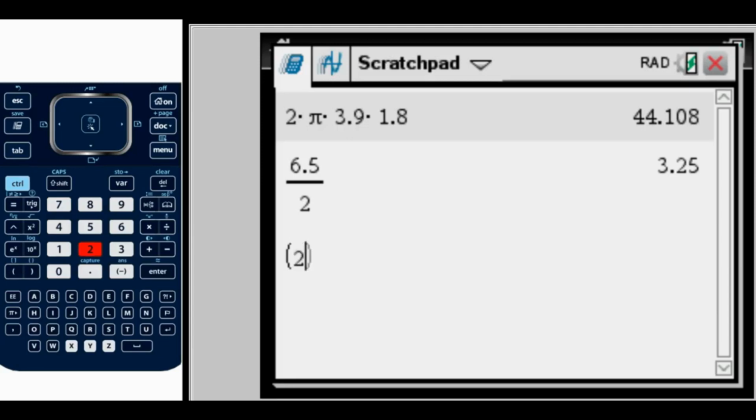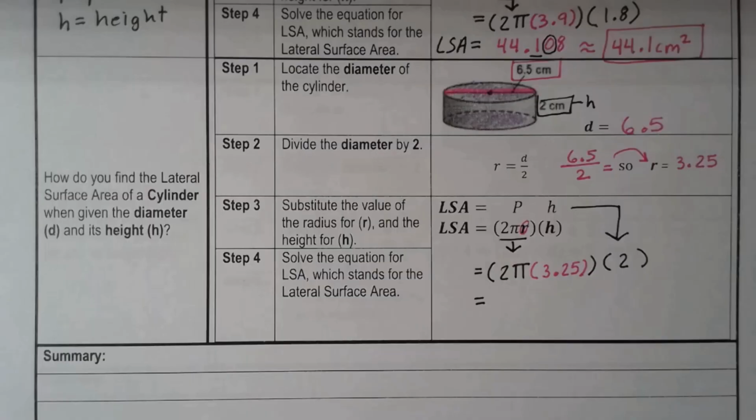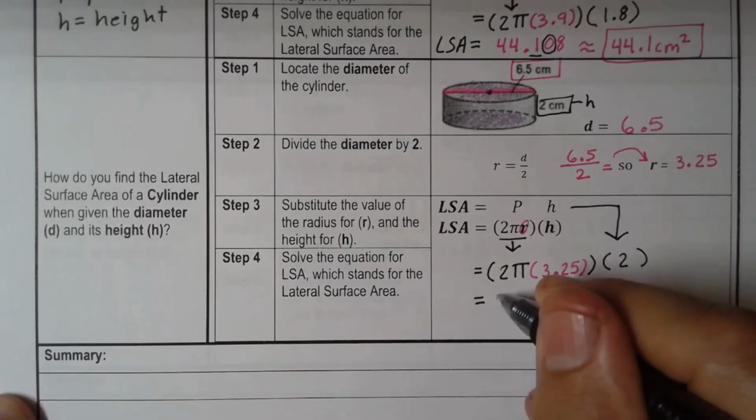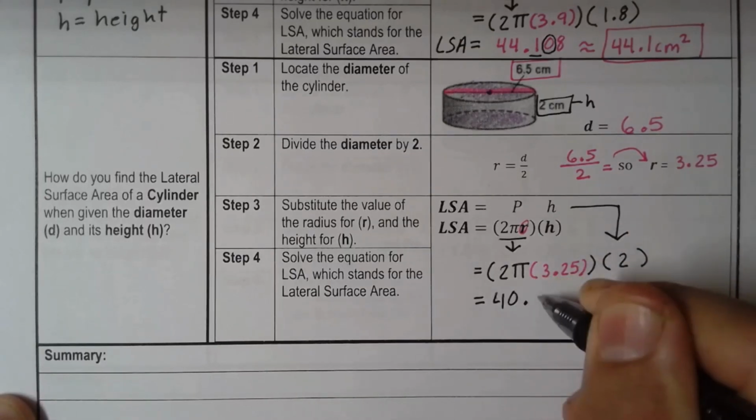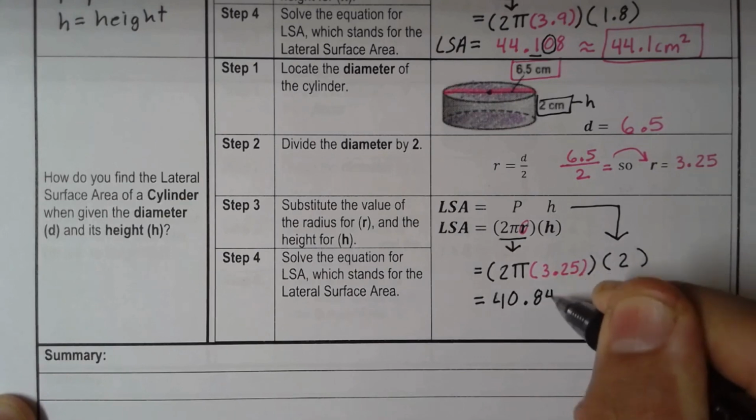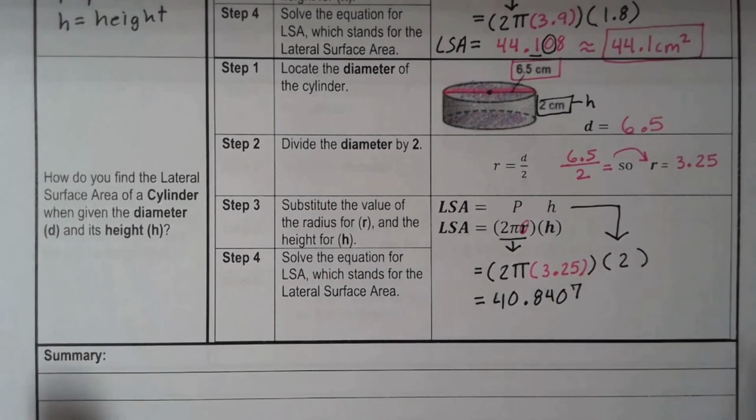Therefore, if I put my parentheses, I have 2 times pi times 3.25 times 2. I'll hit enter, and it gives me 40.8407. So we'll write that down, 40.8407.